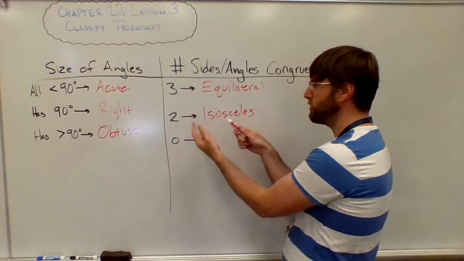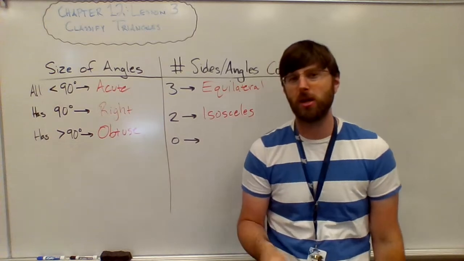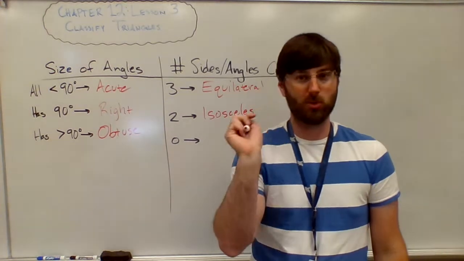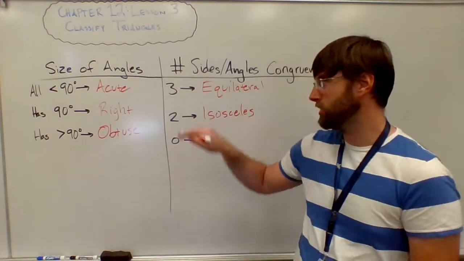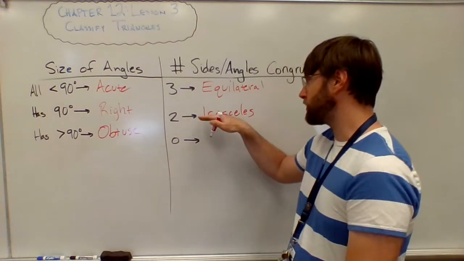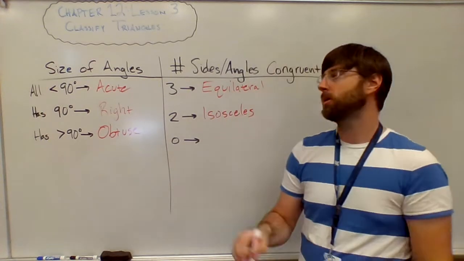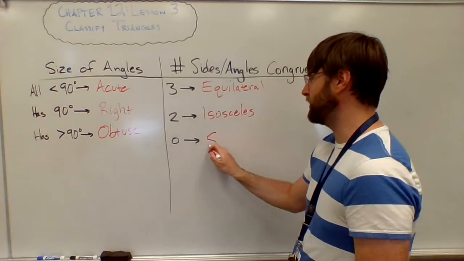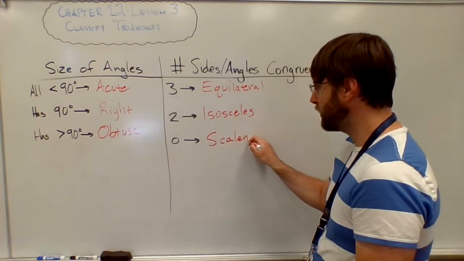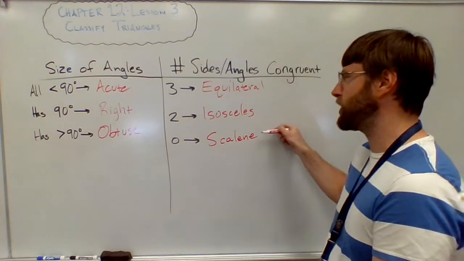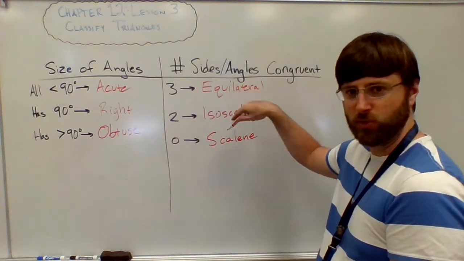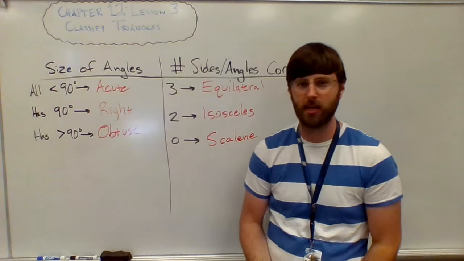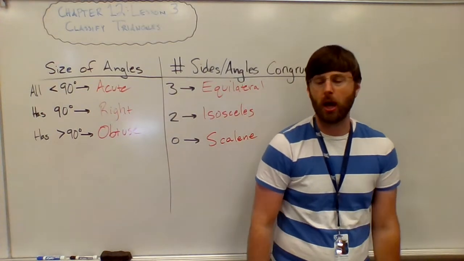There are these repeating things that make me remember that that's the one where there's 2 congruent sides and angles. Isosceles, lots of those repeating letters, 2 congruent sides and angles. And if there are none, it's scalene. How do I remember it's scalene? Because it's the 3rd one, and I have tricks for these others too, and I remember that the other one must be scalene. That's how I remember it.